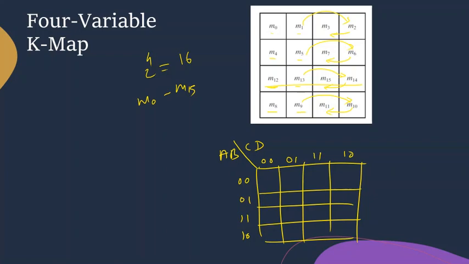Now all these numbers on this schema representation will make sense. If there is any confusion, you can do exactly what we used to do for our two variable and three variable. Let's say you want to determine what this particular box represents. We just want to know which min term is represented by this box.